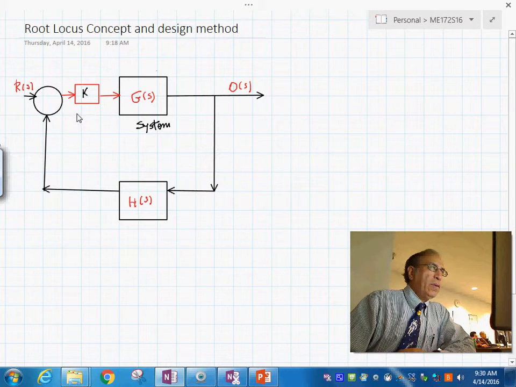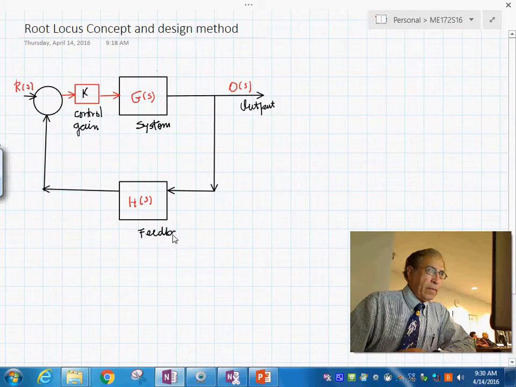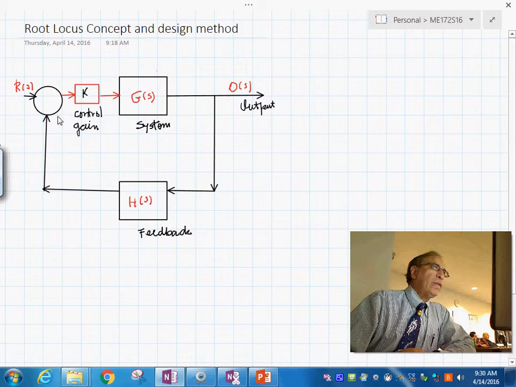This is your control, and because it's a constant, we're going to call it control gain. This one obviously is the output, and this is your feedback. This in here is the error, and that's the error that we are trying to correct. This is your reference.